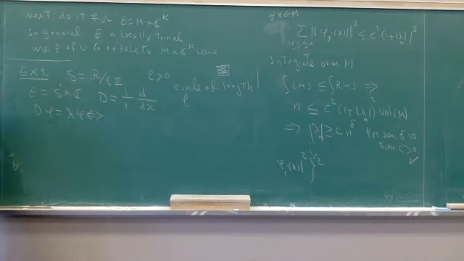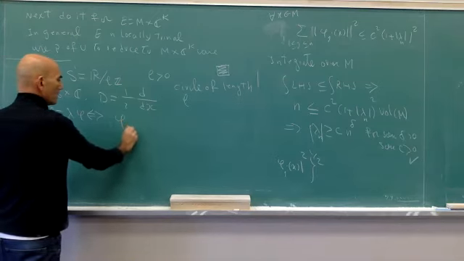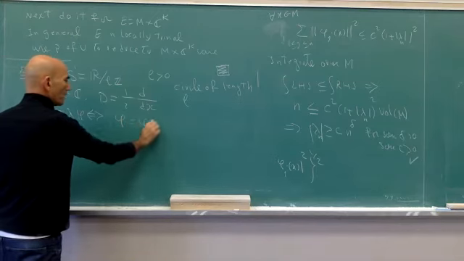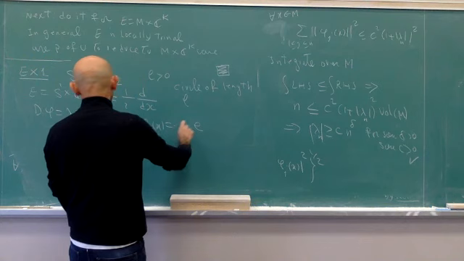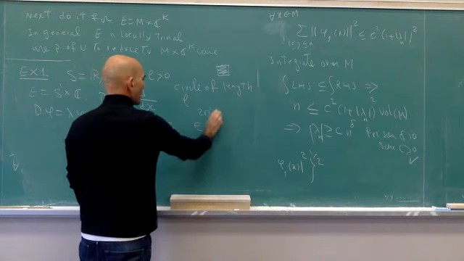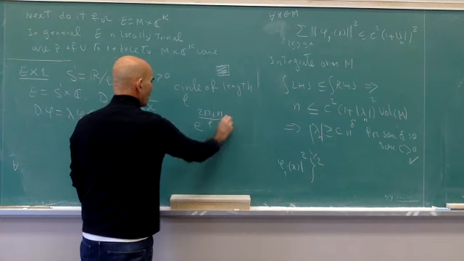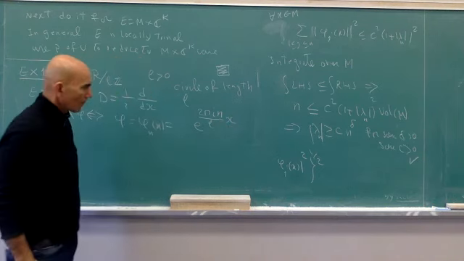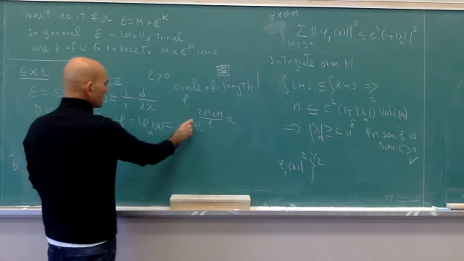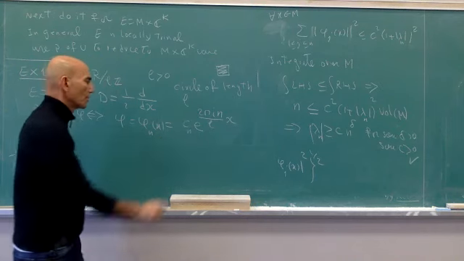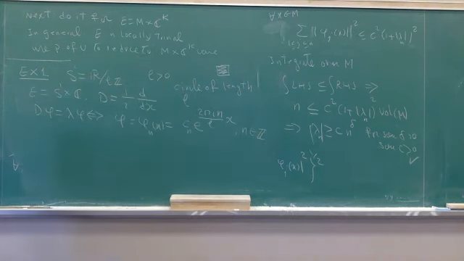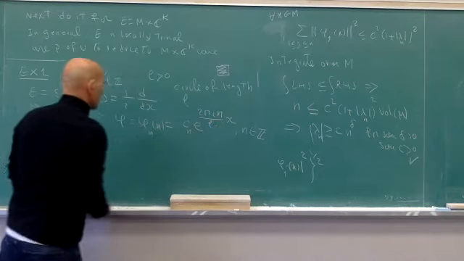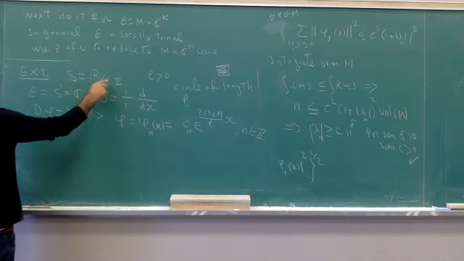Immediately you can solve this equation: phi n of x is equal to C_n e to the 2 pi i n over L x, where I put a constant C_n to make sure this is orthonormal, and n belongs to Z. You see that this is periodic for this L lattice.